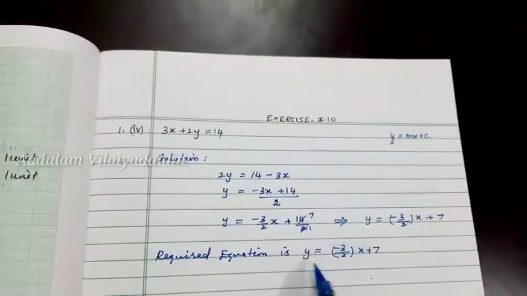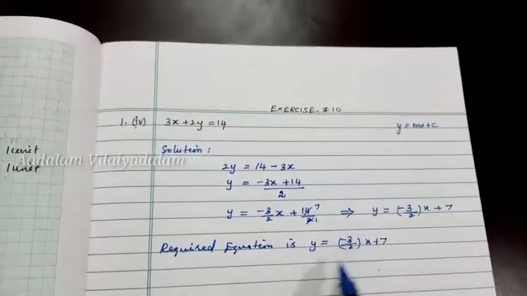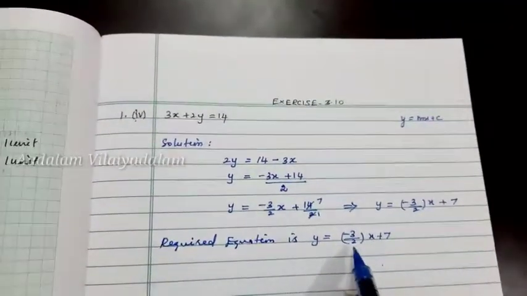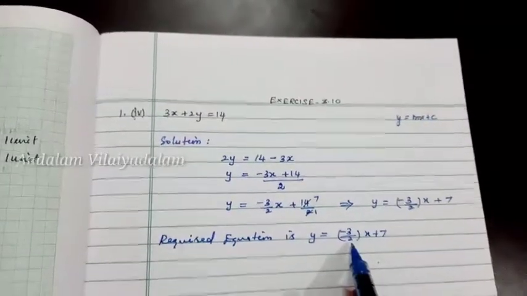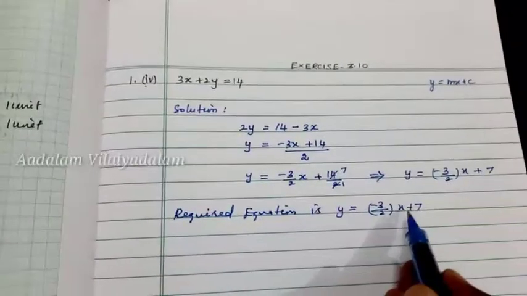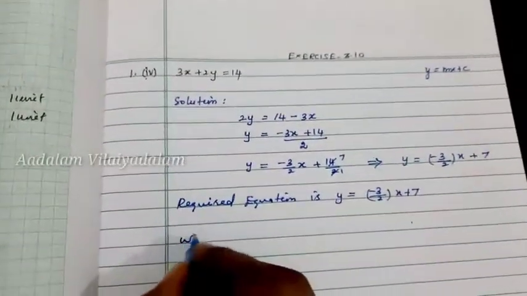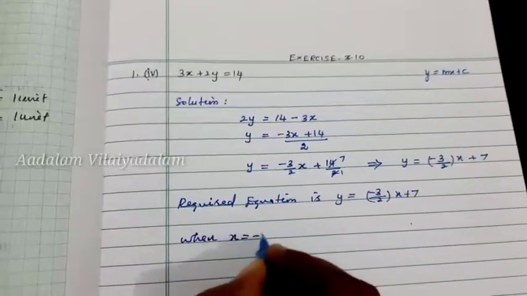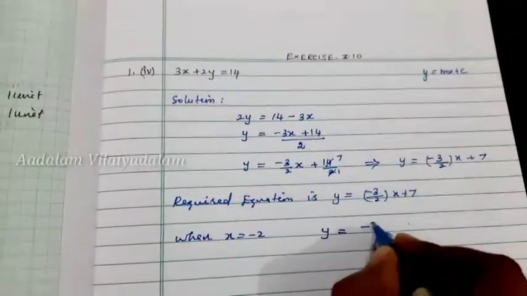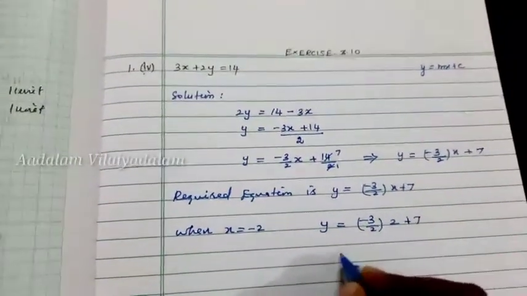Now for this equation we are going to draw the linear graph. Here we are going to choose random values for x in such a way as to cancel the denominator 2. Like the previous sum, here also we can choose the values minus 2, 0 and plus 2. So when x equal to minus 2, the equation will be minus 3 by 2 into 2 plus 7.